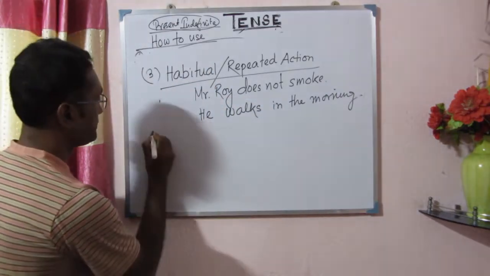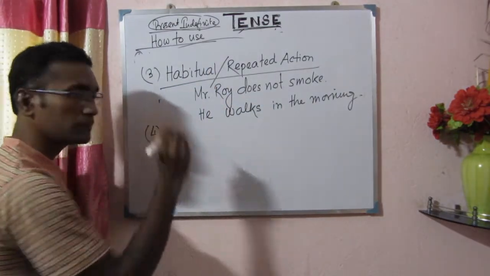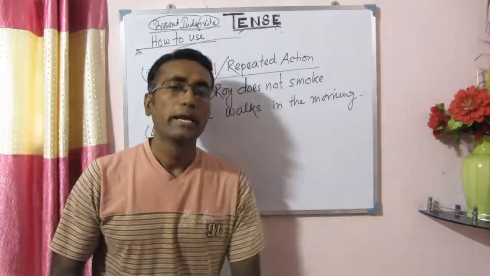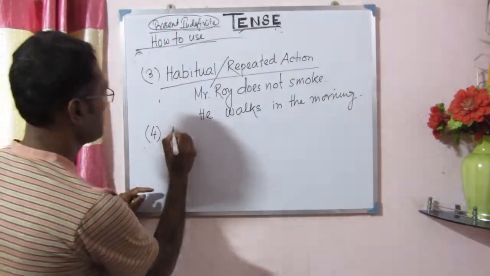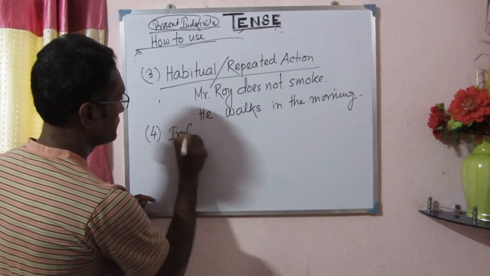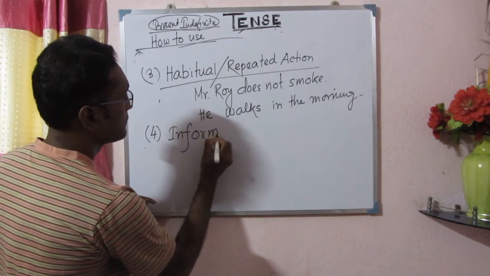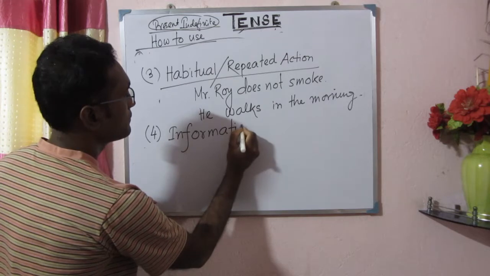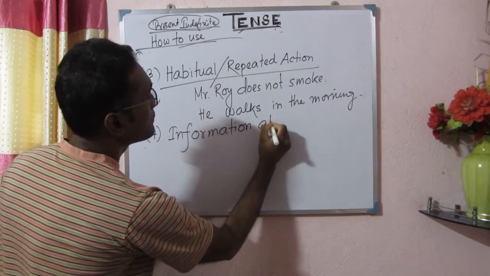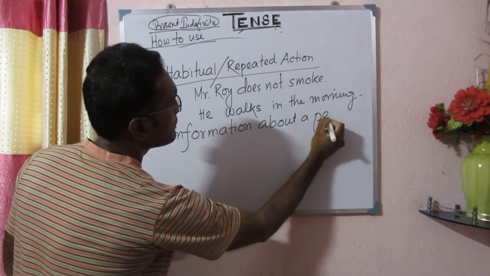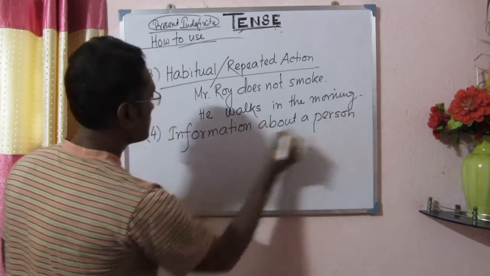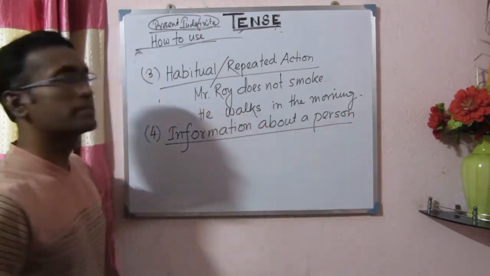Number four is information about a person. Then you use present indefinite tense.